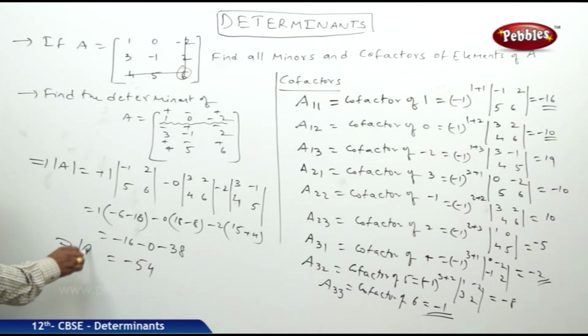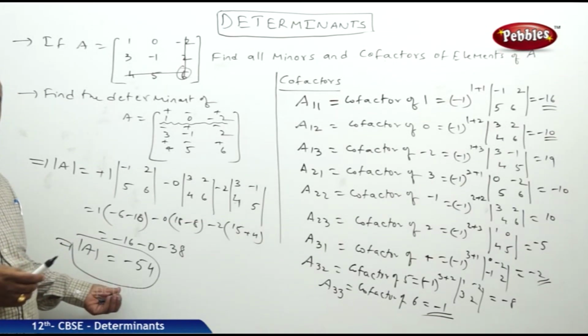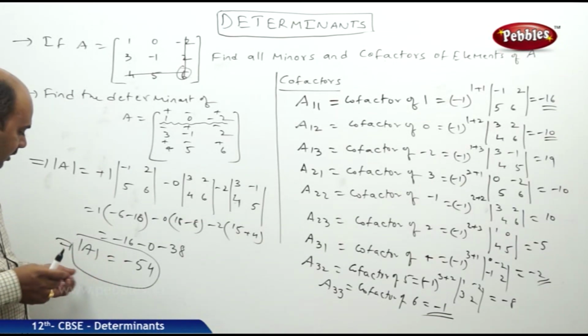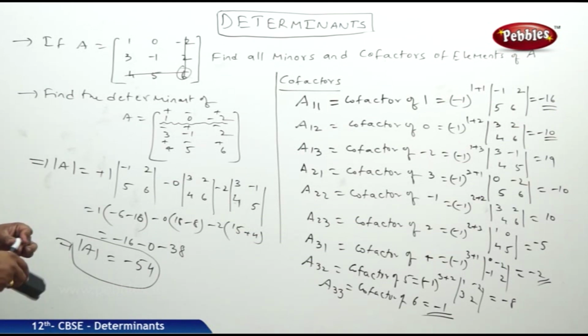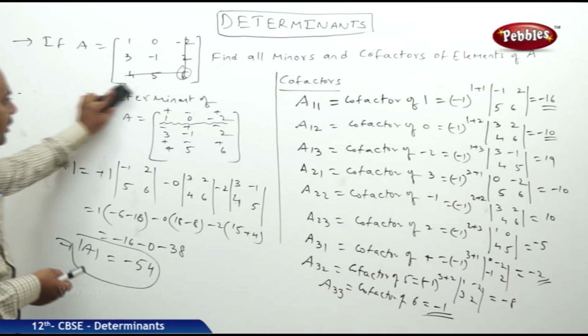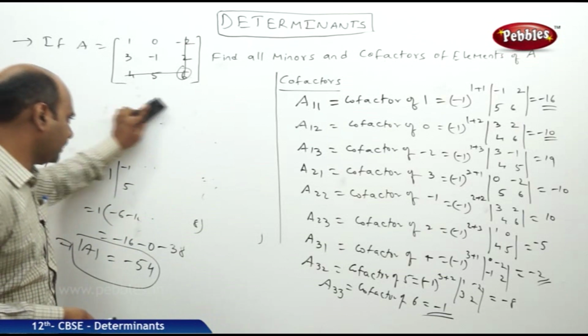This is the way to find the determinant of a 3 by 3 matrix. But just remember carefully, whatever row or whatever column you choose, the final output should be the same. That means our final answer should be the same. That is equal to minus 54. Right. Now I think you people are clear in finding the determinant of the matrix.